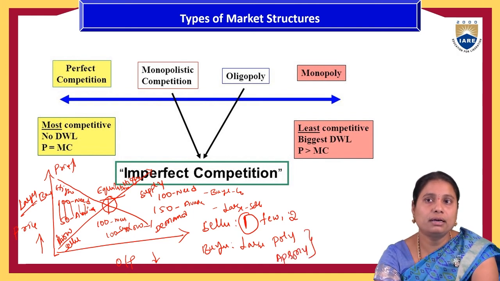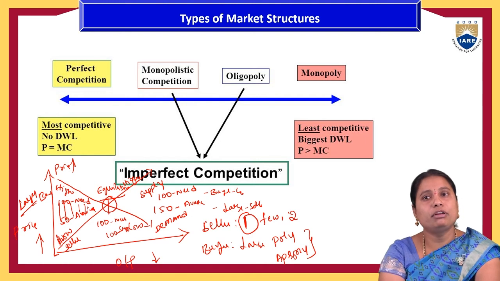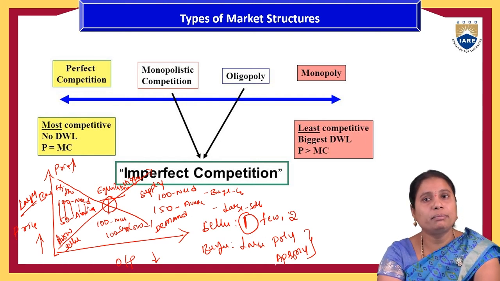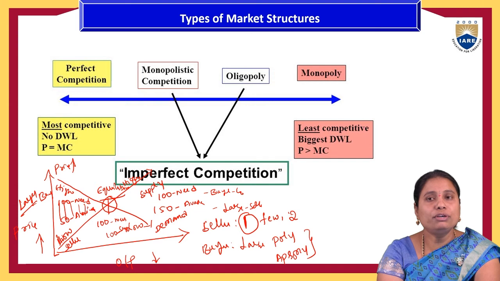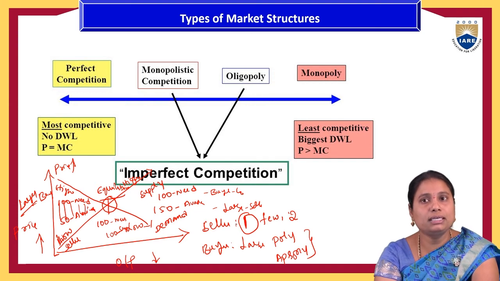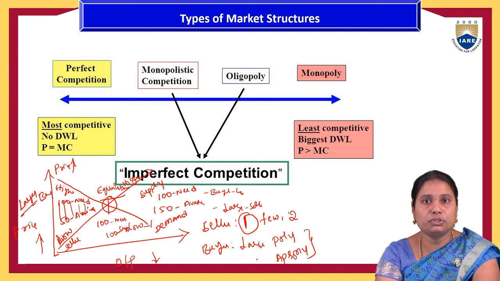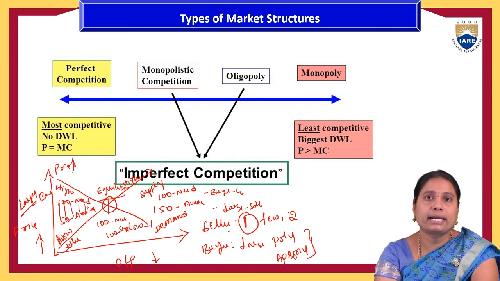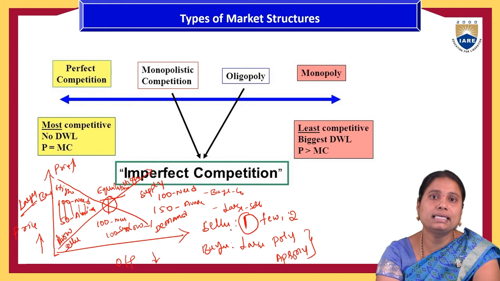In Latin, the seller is called poly and the buyer is called opsony. So if the seller is a single person and the buyers are in a larger position, then it will be called a monopoly market. Monopoly market means single seller, larger number of buyers.